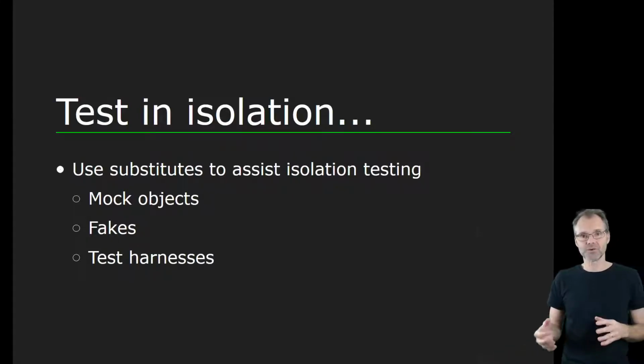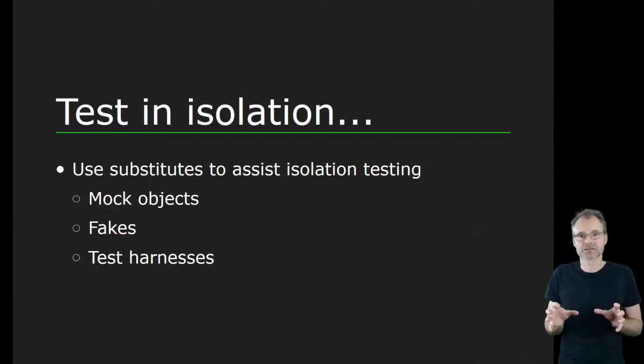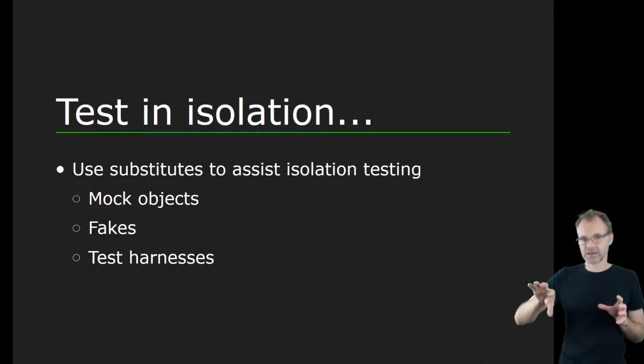So how do we do this test in isolation when we have a test unit, a class that is dependent on two other classes, and it can't really do its work without those? Well, then we write more test code. We try to replace those two real existing units by mock units. So we write extra code with some dummy classes and put them in, hiding the other real classes.